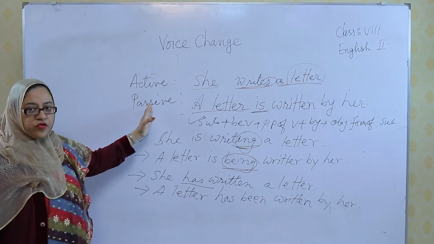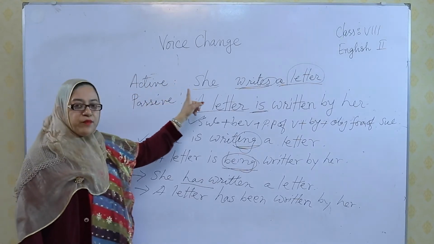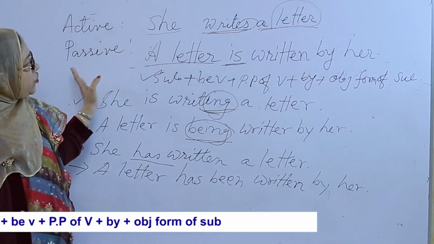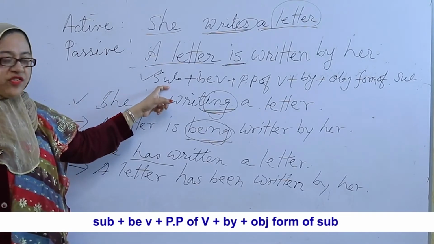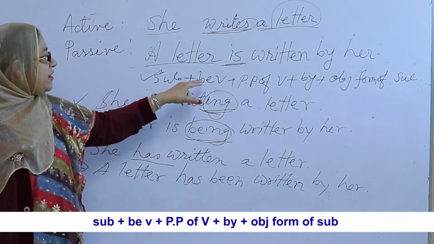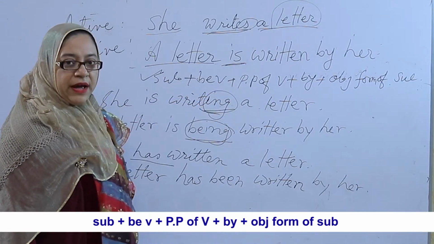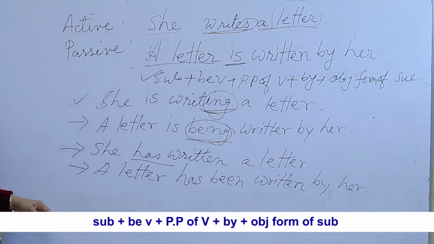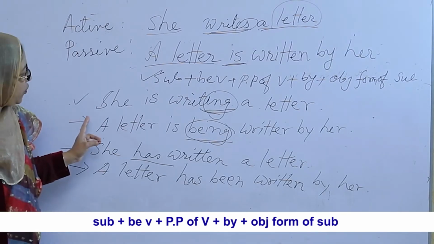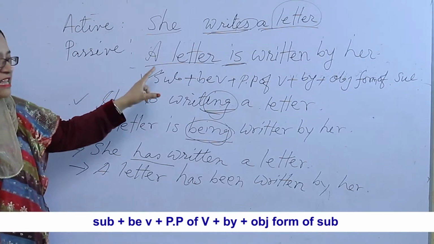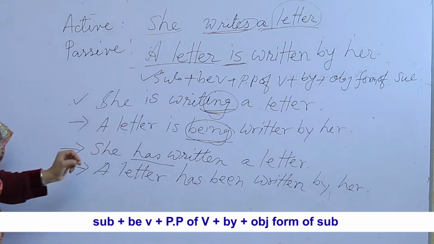So look at the board, students. This is the simple sentence. I turn it into passive by using this structure: subject plus be verb plus past participle form of verb plus by plus objective form of the subject. The answer will be: a letter is written by her.